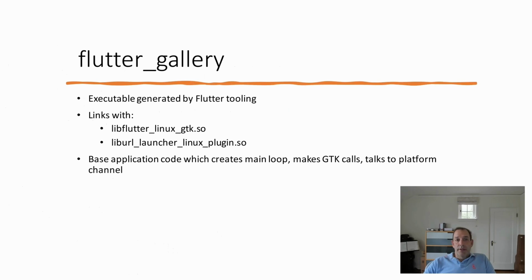So flutter_gallery is the executable generated by Flutter tooling. It links with these two shared modules. It contains the base application code which creates the main loop, makes GTK calls, talks to the platform channel, etc. It's sort of like the bare minimum code set to create a logical Flutter view.